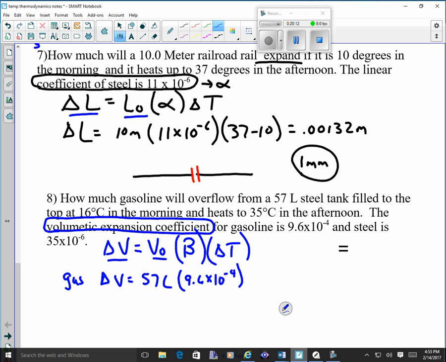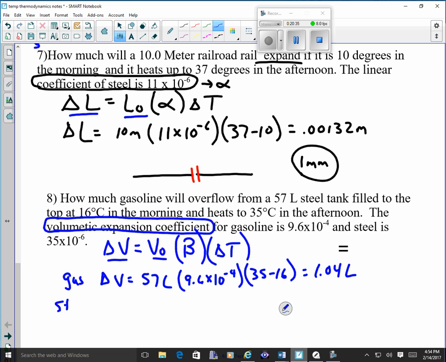So I'll put that in there. And then it's changing temperature. Once again, the final is going to be 35 now, and the original was 16. So the temperature's rising, it's not falling. And so you will lose 1.04 liters of gasoline. Now you gotta remember the steel tank's also going to expand.